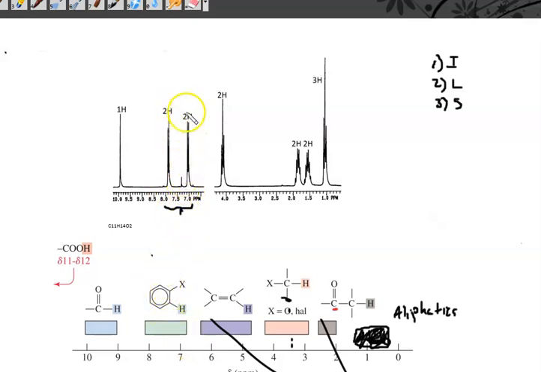So I know these hydrogens are for an aromatic ring, and there are 2 hydrogens on it. You don't have to worry about what the substitution is, but if you ever see a doublet and a doublet, that means the substitution on my molecule is para.